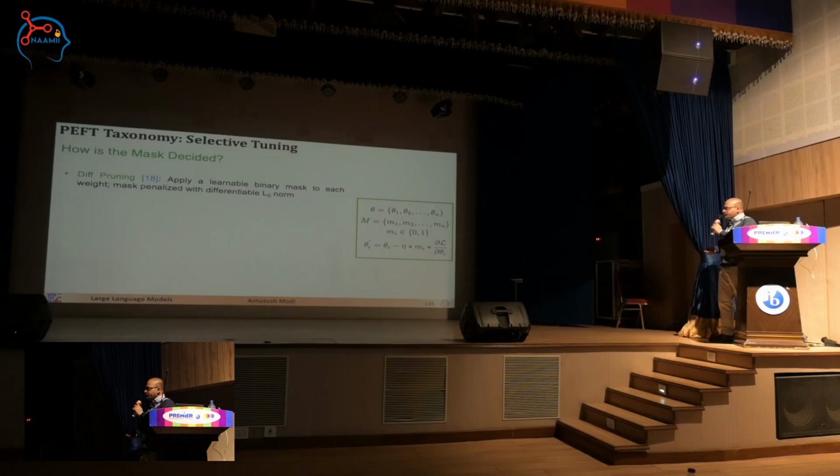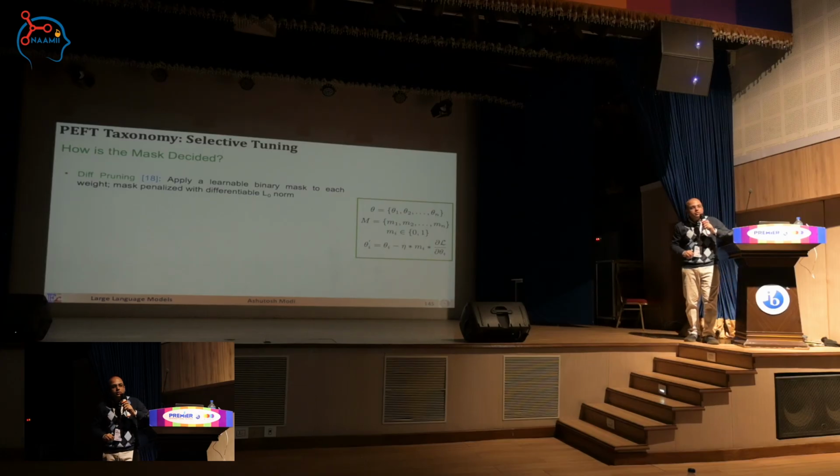One is something called differential pruning. What you do is you apply a binary mask to each of the weights, but this mask is penalized by the L0 norm. So you're penalizing the mask. What's an L0 norm? Does anyone know what the L0 norm is? Yeah?